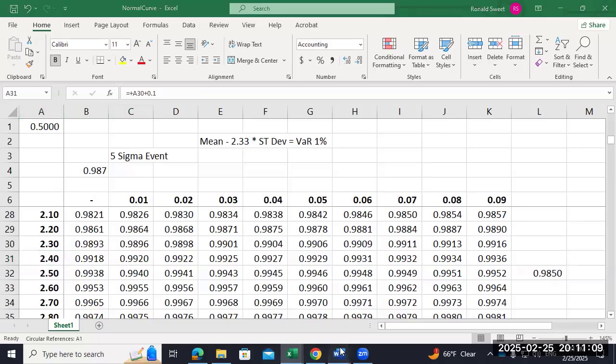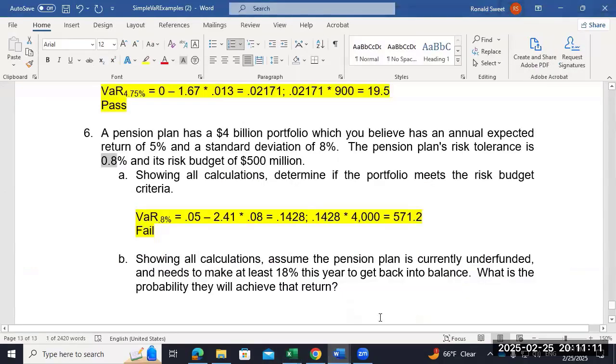Yeah, be careful with decimals. You don't lose 100% if you use 8% instead of 0.8%, but you'll definitely lose some points. If the risk budget is 500 million and you come out with 23 million, you might have a problem with decimals, so go check it. I usually don't make it that radically different.